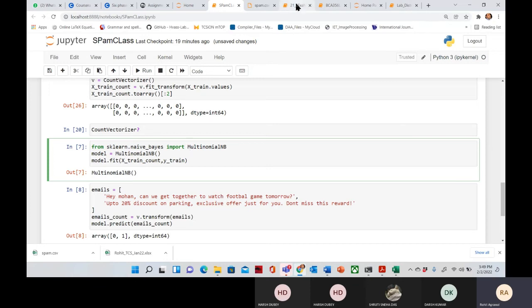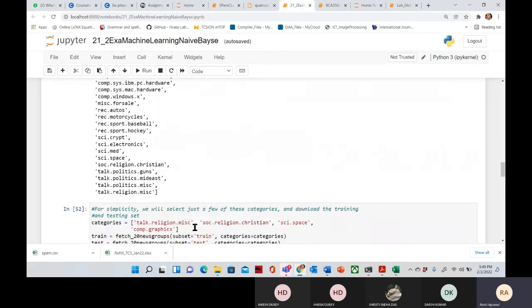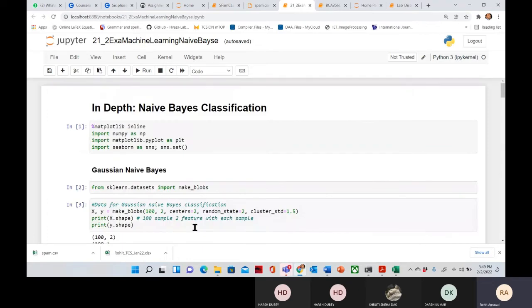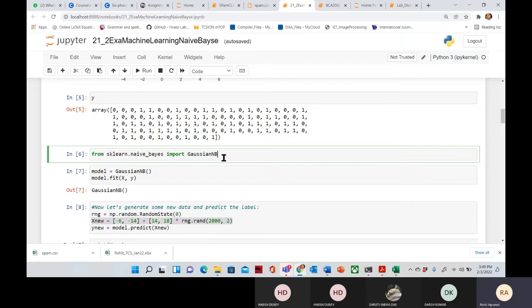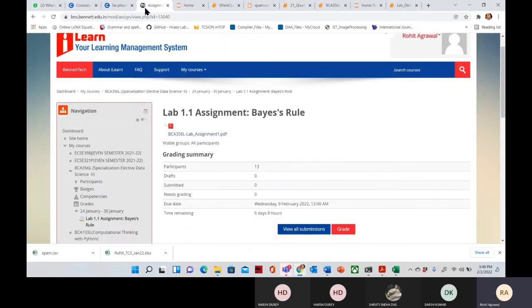I have one more example I can explain another day, where you can see I have imported only the Gaussian naive Bayes classifier, because in this case our data has only two classes, or you can say the dimension of the data is not too much, it is not too wide. Okay. So sorry.